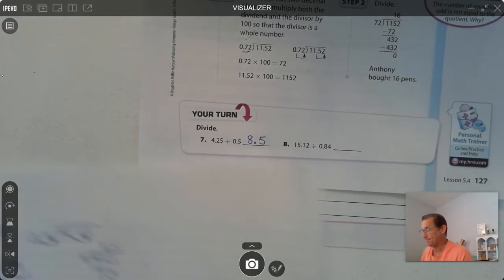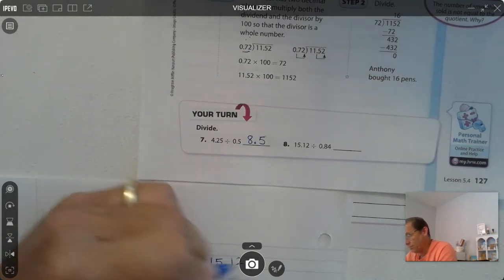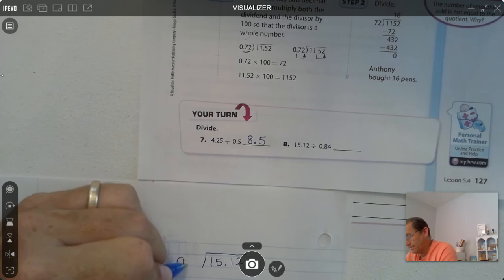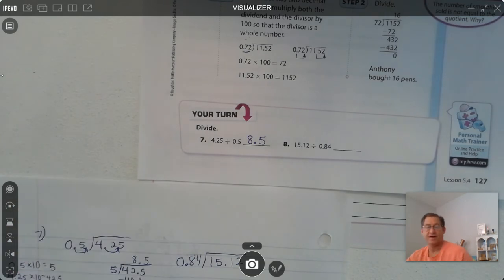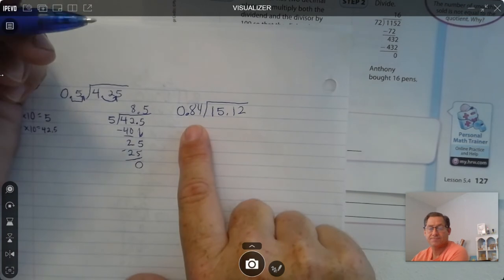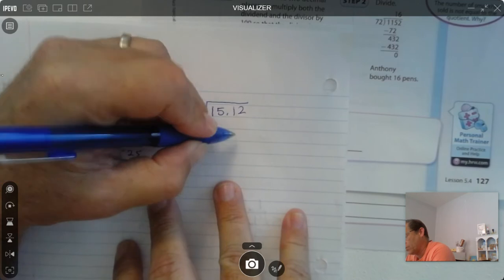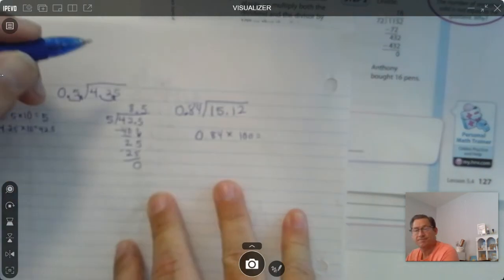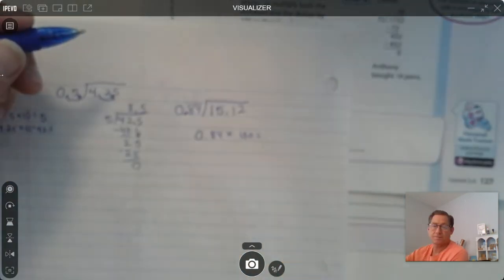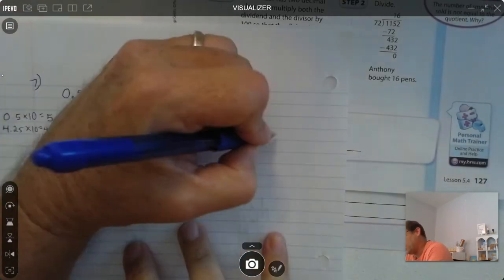Okay, number 8. 15 and 12 hundredths divided by 84 hundredths. We have 2 decimal places in the divisor, so we're going to multiply by 100. 84 hundredths times 100 is 84.